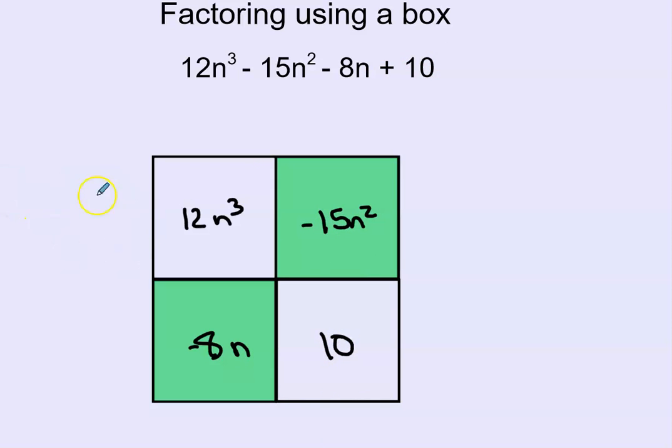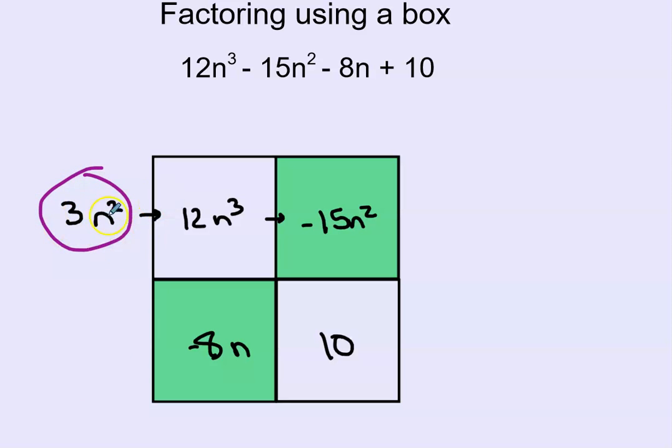Then I usually start with figuring out what this spot is first. What goes there? You just look at the two multiplications that it's involved in. It's involved in this 12n cubed, and in this negative 15n squared. So n cubed and n squared have a GCF of n squared, and 12 and negative 15, I can find a factor of 3. That's their greatest common factor.